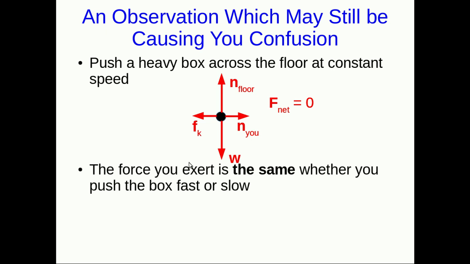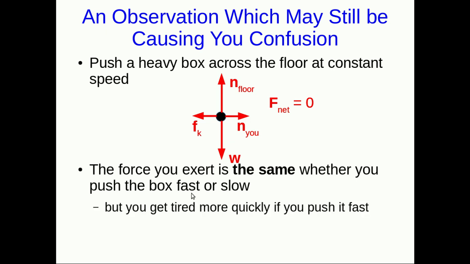And notice that nowhere in here is there any dependence on the speed at which you push the box. The force you are exerting is the same whether you're pushing the box fast or slow, as long as F net is 0. But you will have observed that in this sort of situation you get tired more quickly if you push it fast than you do if you push it slow.